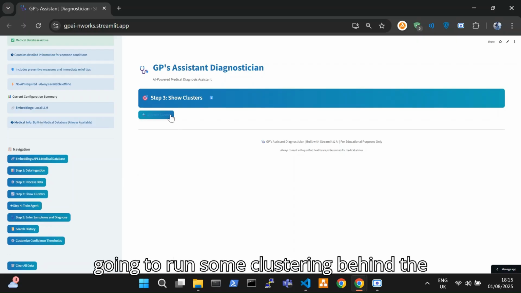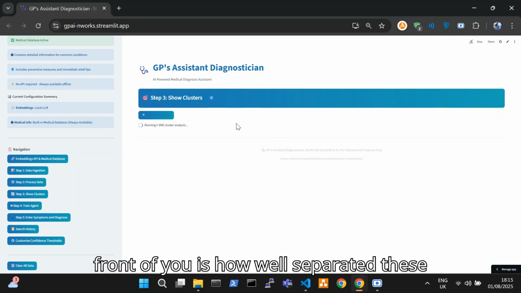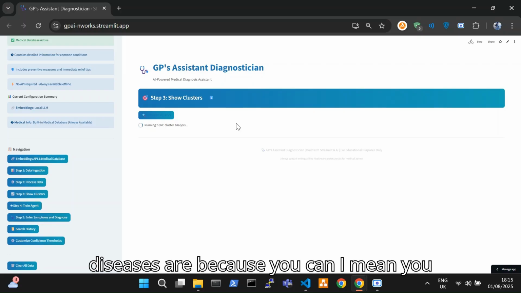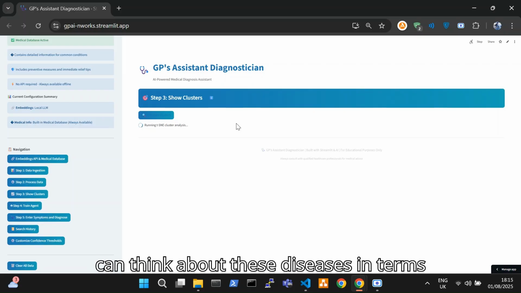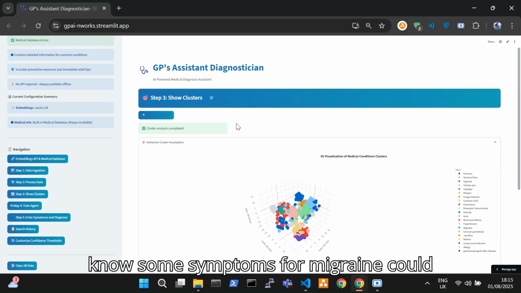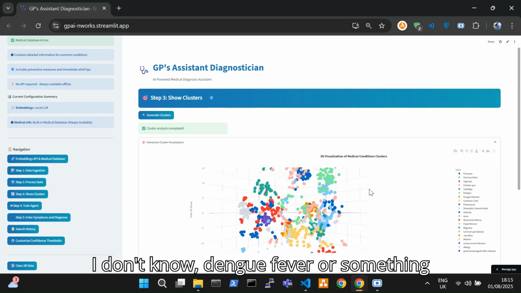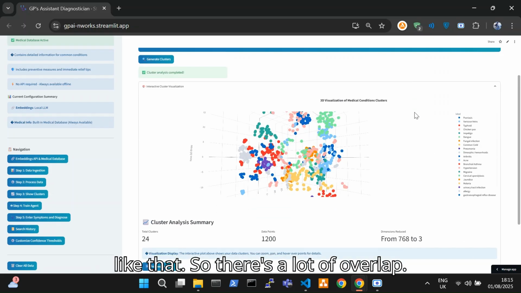Now I'm going to run some clustering behind the scenes, and what you're going to see in front of you is how well separated these diseases are. Because you can think about these diseases in terms of symptoms. They're quite overlapping. Some symptoms for migraine could also overlap with some symptoms of, I don't know, dengue fever or something like that. So there's a lot of overlap.